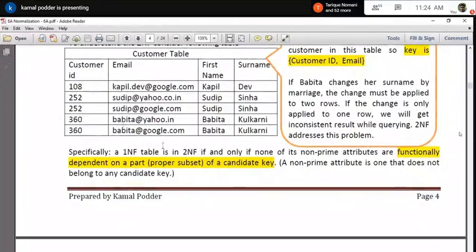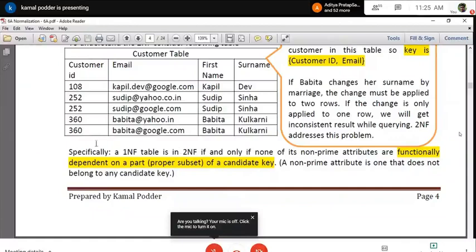What is the characteristic of the functional dependency here? The non-prime attributes, that means first name and surname, depend upon a subset of the prime attributes. Now this name actually depends not on the whole key but on a subset of the key, and that is the reason it is happening.